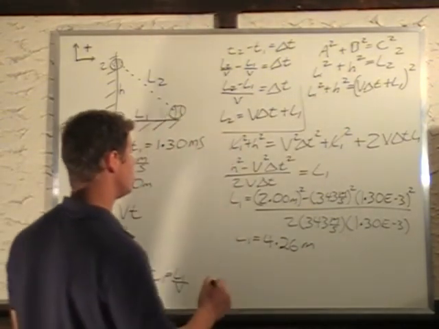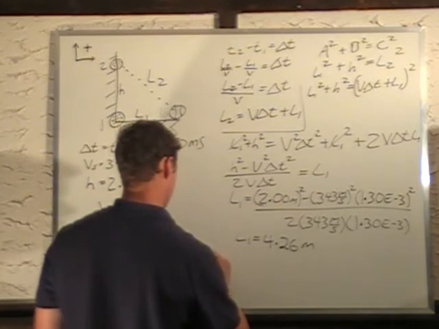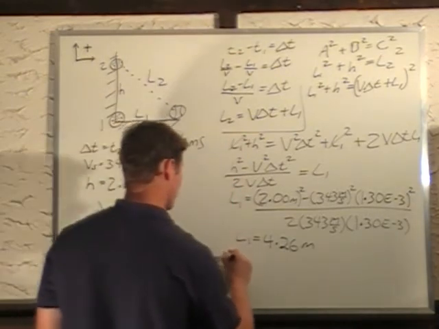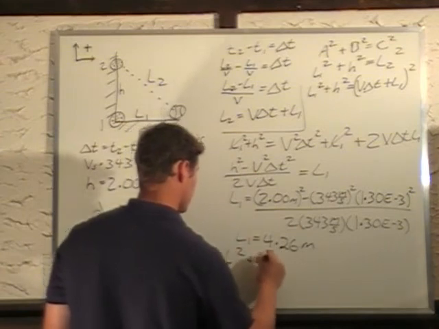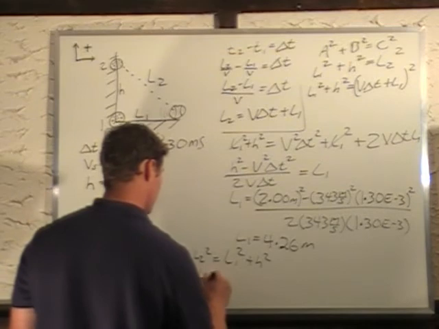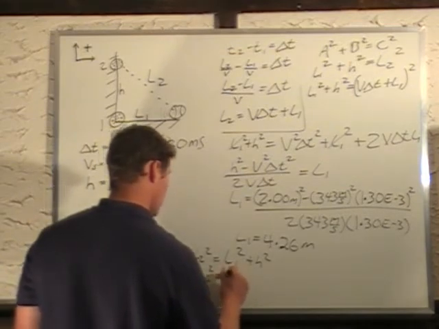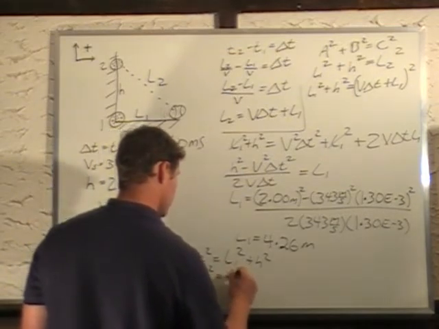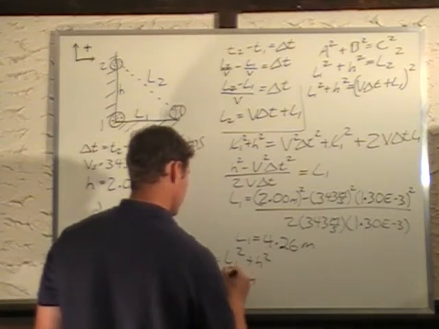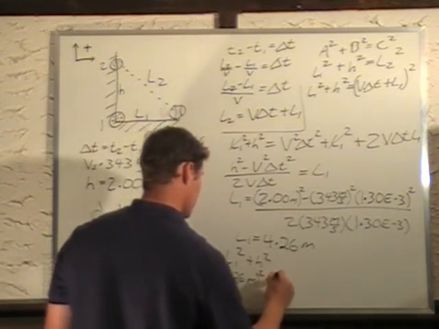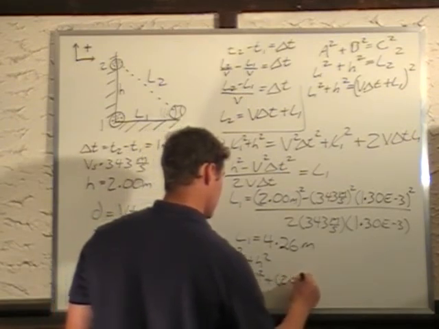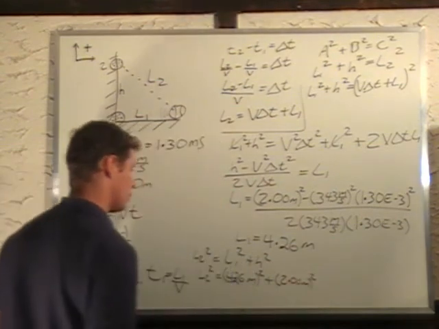We have L2 squared equals L1 squared plus h squared. So we plug in L1 here. We have L2 squared equals 4.26 meters squared plus our height of 2.00 meters squared.